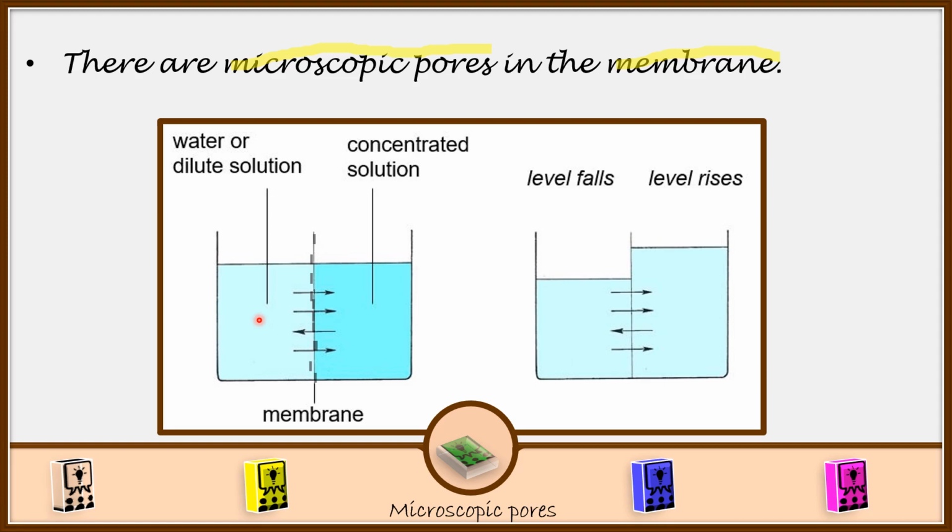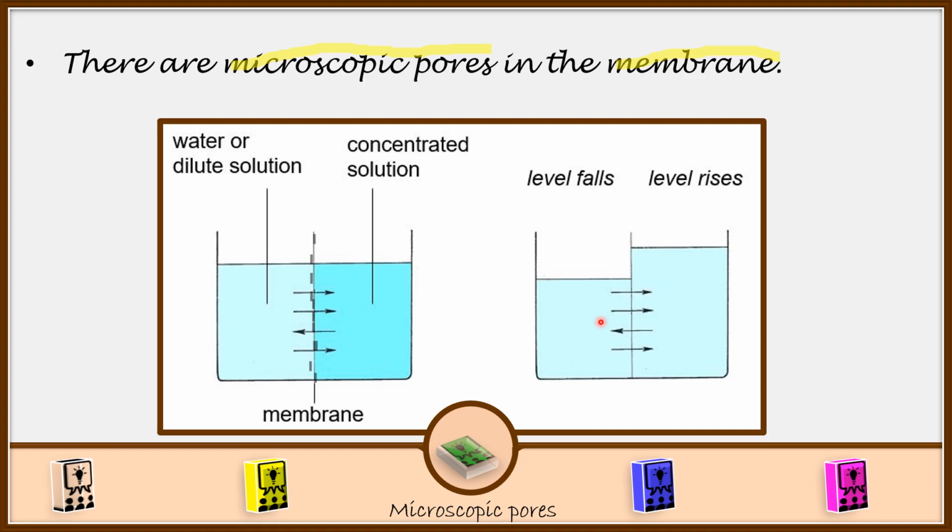And because water is flowing from the dilute faster than it is flowing from the concentrated, the level of the water in the dilute solution is going to go down, while the level of the water in the concentrated solution is going to rise. What we are seeing here, we can see that the level of the water in the dilute solution goes on decreasing, and the one in the concentrated solution goes on increasing.